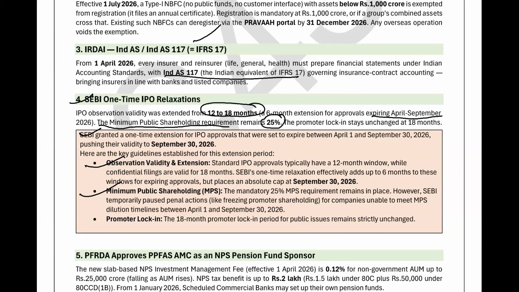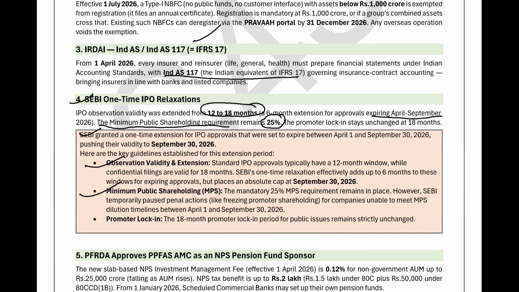However, SEBI temporarily paused penal actions like freezing promoter shareholdings for companies unable to meet MPS dilution timelines between April 1st and September 30th, 2026. The 18-month promoter lock-in period for public issues remains strictly unchanged, right?